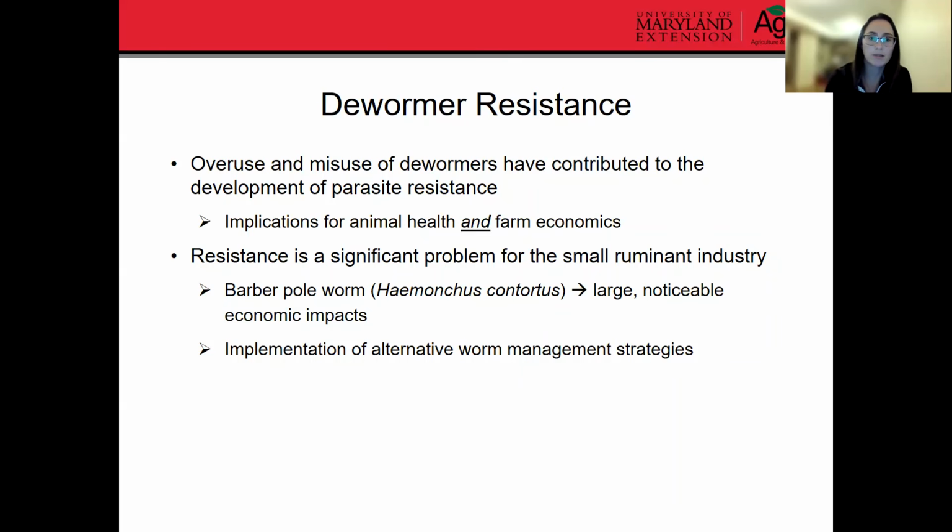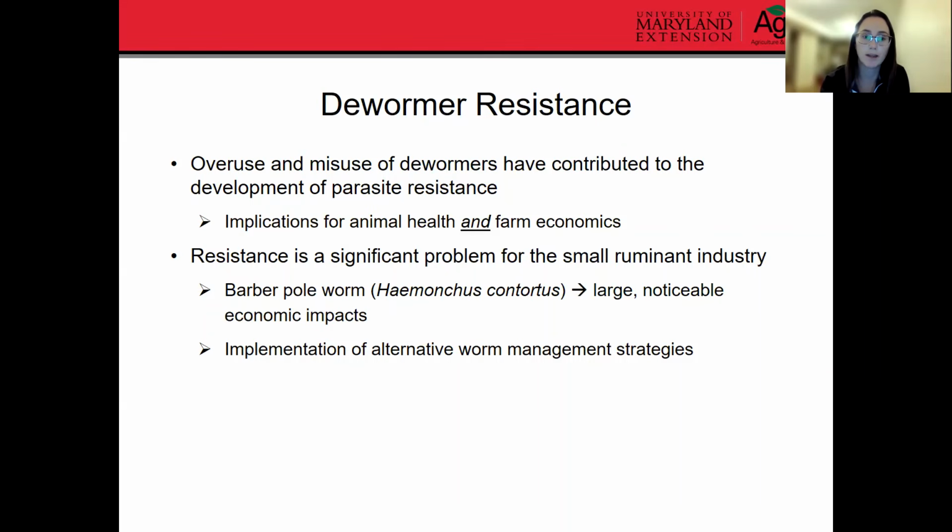The parasite that's most important for them is called the barber pole worm, or Haemonchus contortus. This parasite will cause large noticeable impacts on the animal. It can cause severe anemia, and it could even cause death in certain cases. So they have a problem when they have dewormer resistance because they don't have anything effective to treat those animals.